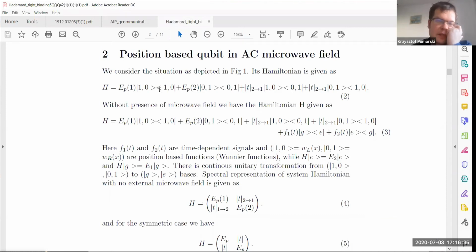So there is a probability that there is localized energy E_L, so that the electron stays on the left side, and a localized energy on another node on the right side, and there is a possibility for continuous transfer of electron presence from left to right and from right to left. So there is this hopping constant T.